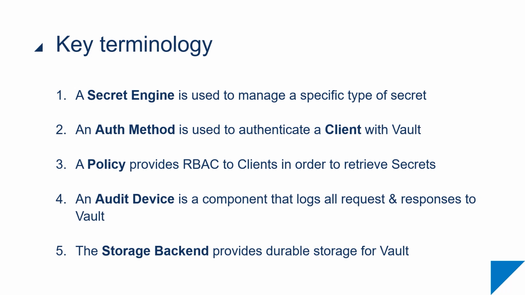It's for static credential management. But there's also another secret engine, for example RabbitMQ, and with that secret engine you can generate credentials on the fly. There are multiple secret engines. It's very wide for all kinds of databases, for example, but you can also create SSH credentials, TLS certificates, etc.